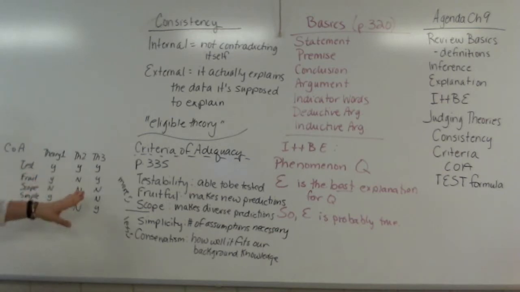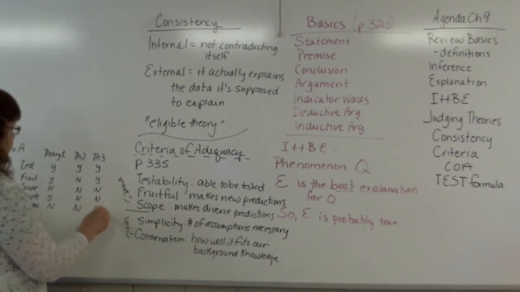Theory 1 and theory 3 both have 3 yeses and 2 nos. So I have to determine, in this particular case, is it better to be simple or better to be conservative? And it depends upon the situation itself, not the theory itself. And so I decide that I need it to be conservative more so than I need it to be simple.